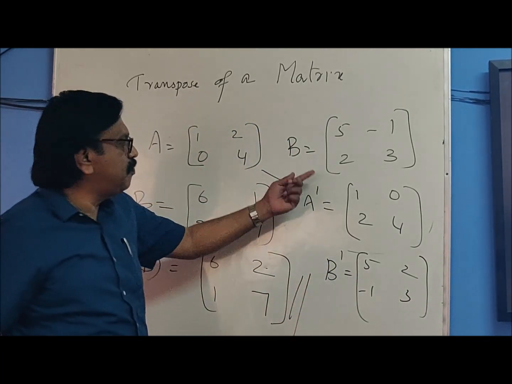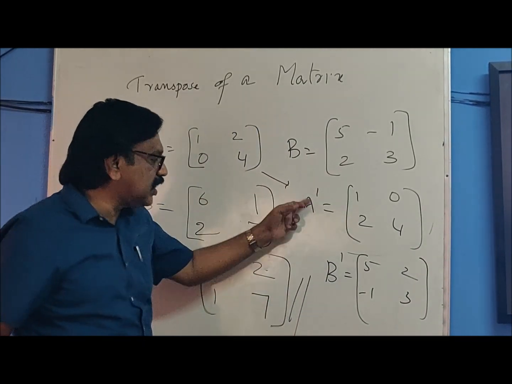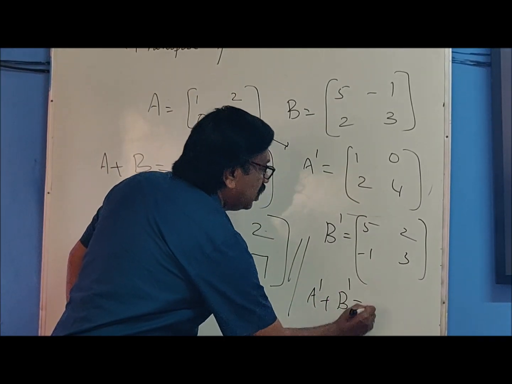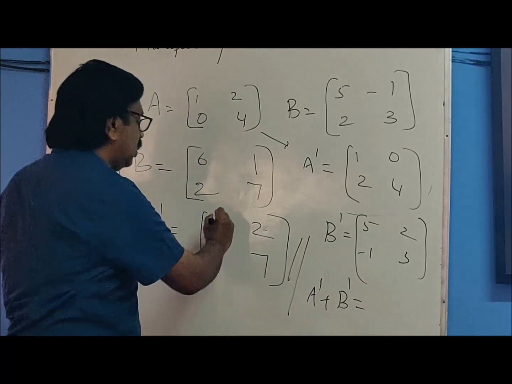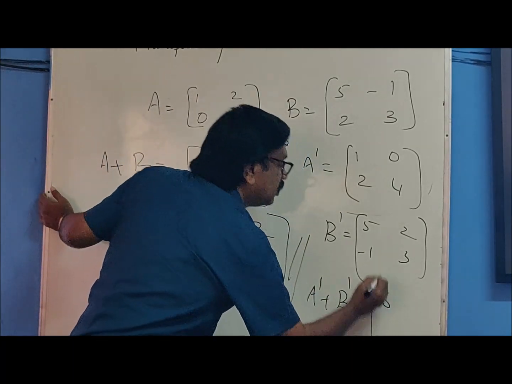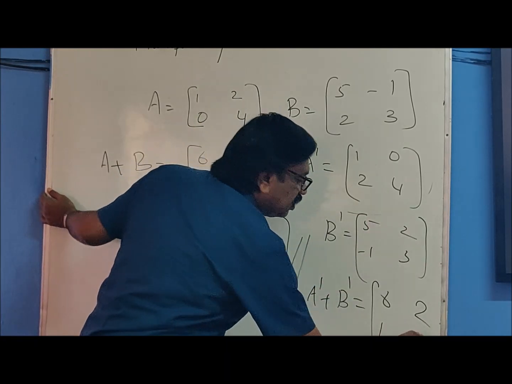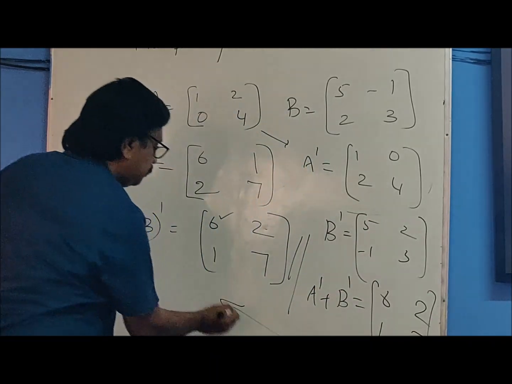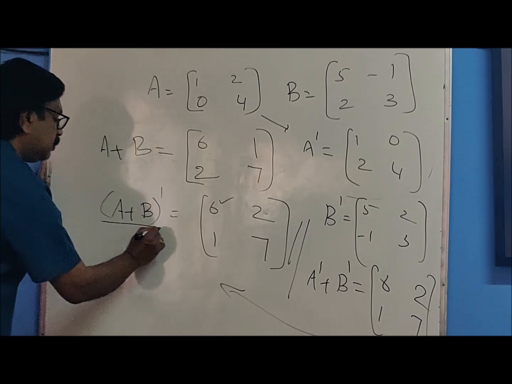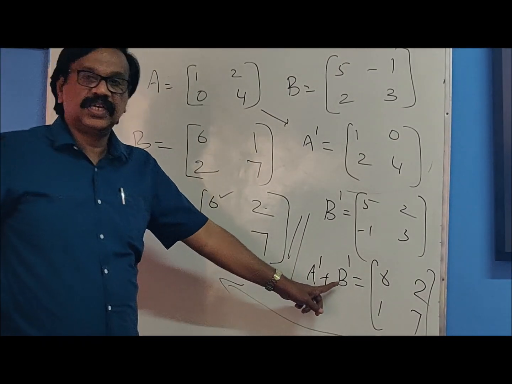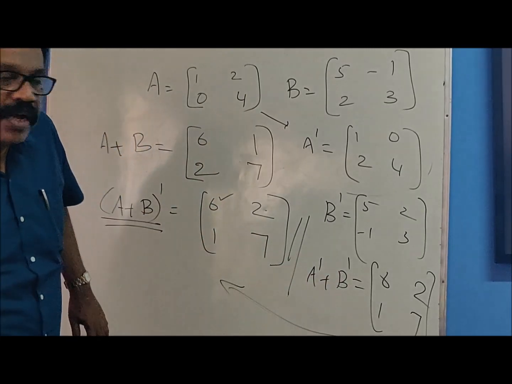What is their sum, A dash plus B dash, the sum of the transposes? It is 5 plus 1, 6, then 2, 1, 7. You see, both are the same. A plus B transpose is the same as A transpose plus B transpose.